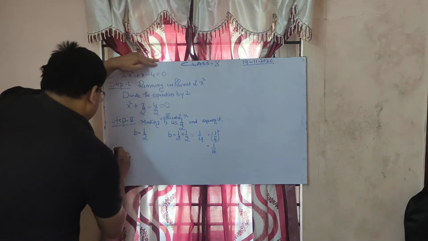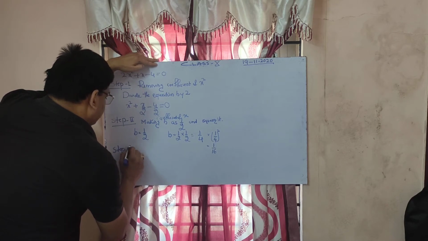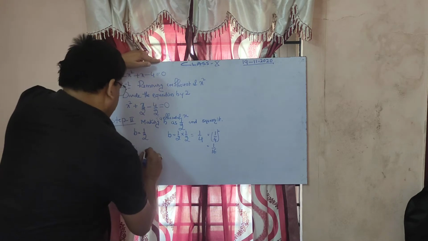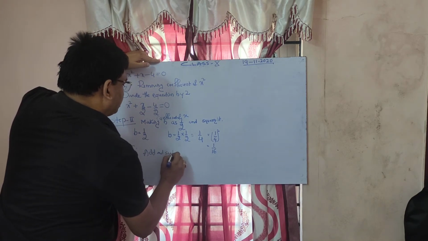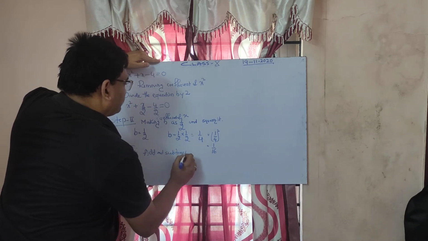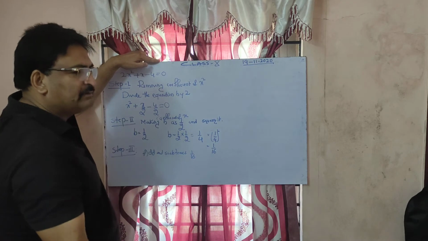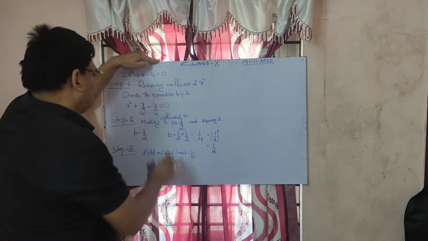Now step 3: add and subtract 1 upon 16. You have to add 1 upon 16 and subtract 1 upon 16.